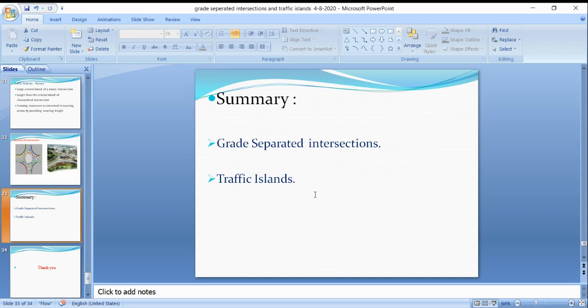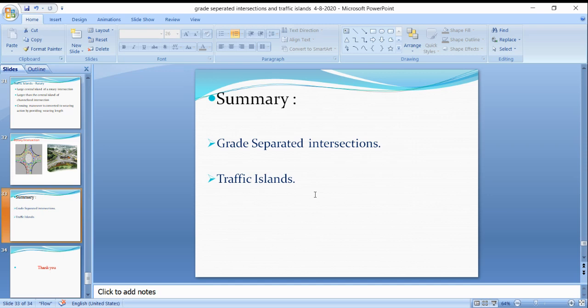We are dividing the elevation difference. Those having major importance traffic go above the line, and those having lesser importance go below the road.